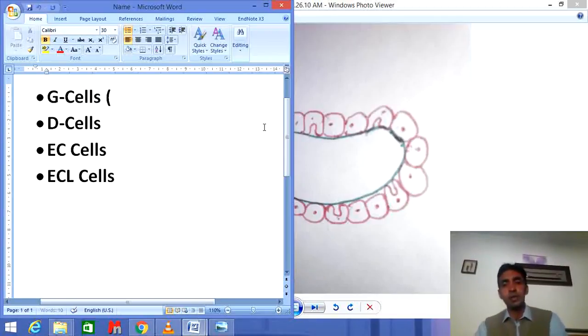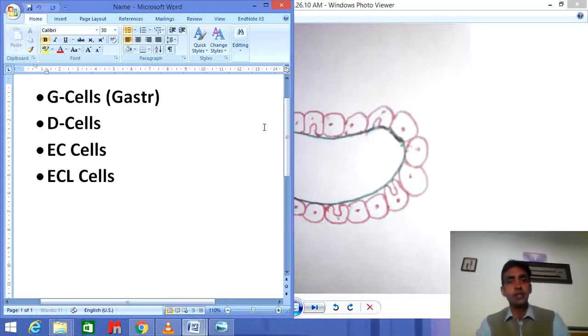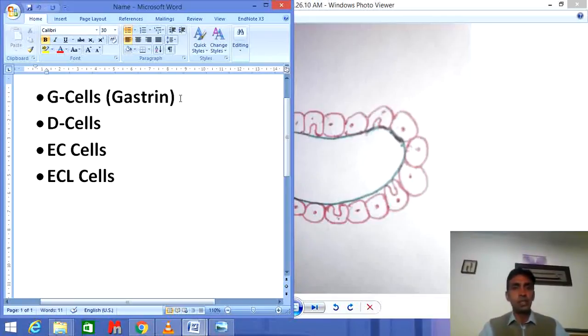G cell is responsible for the production of gastrin. Gastrin is actually a hormone which is secreted by G cell.